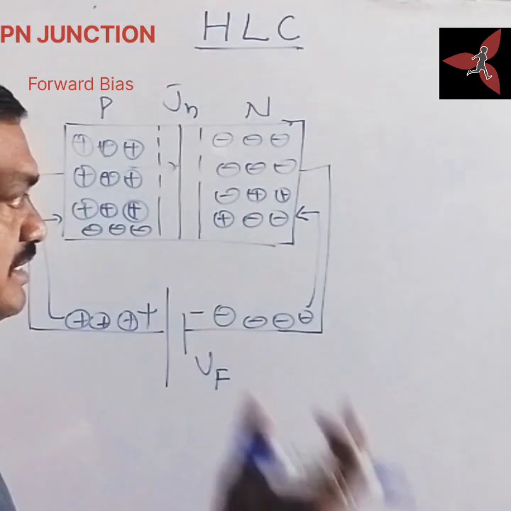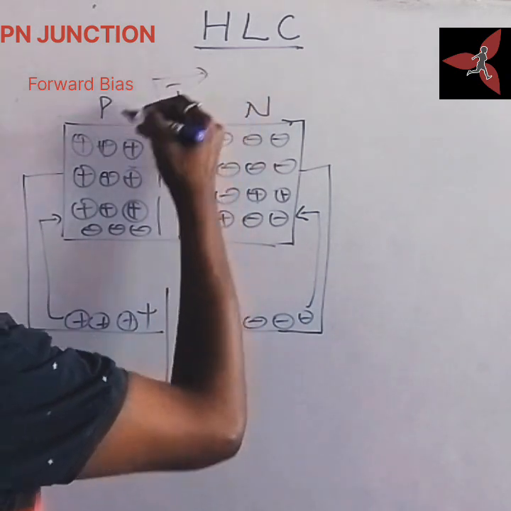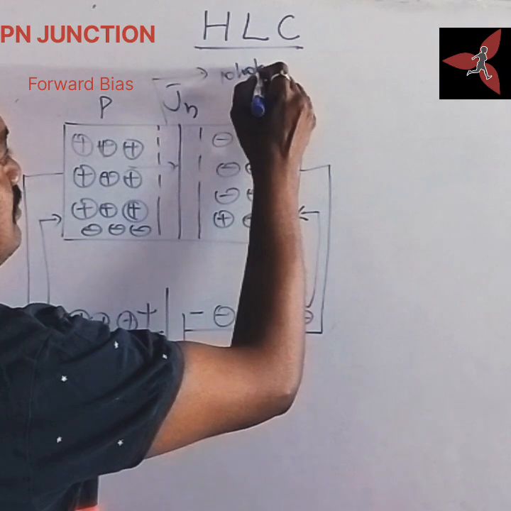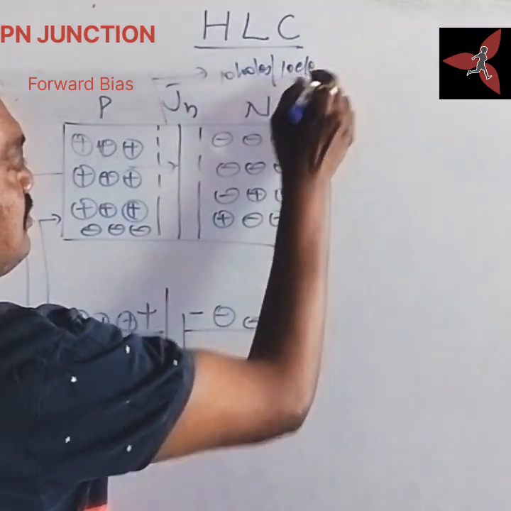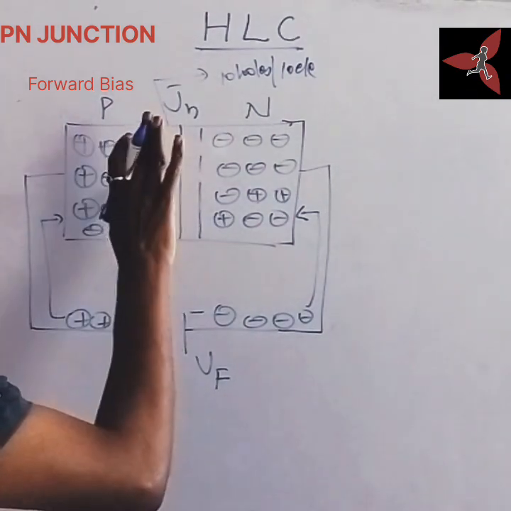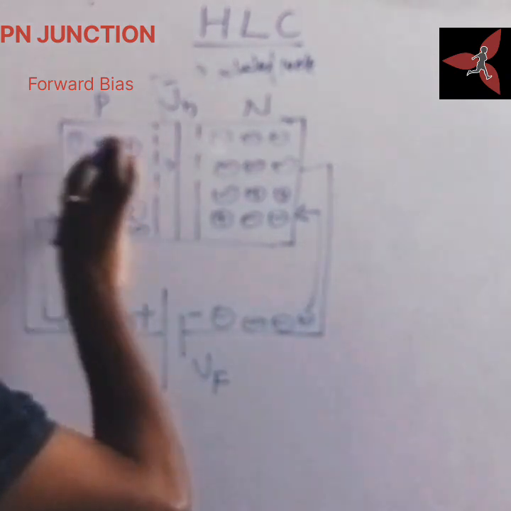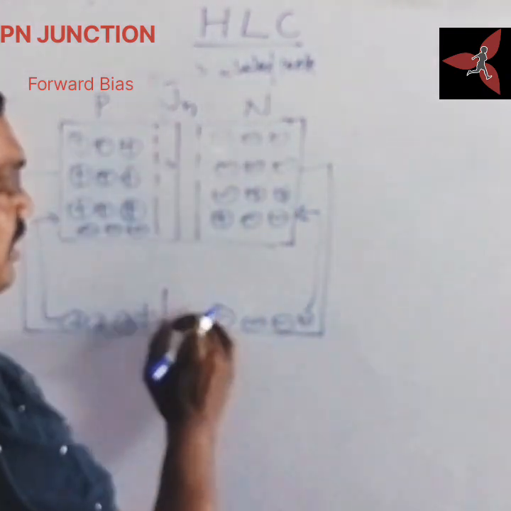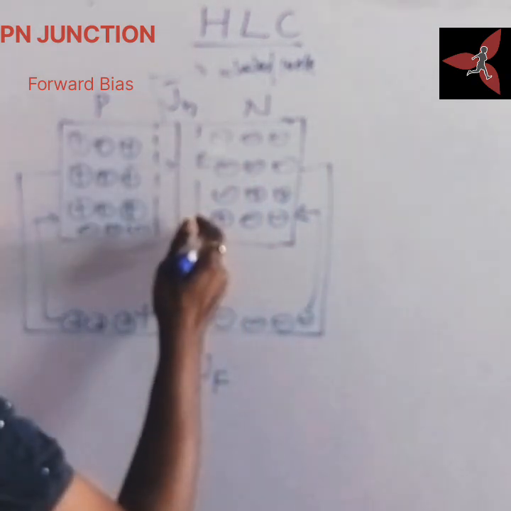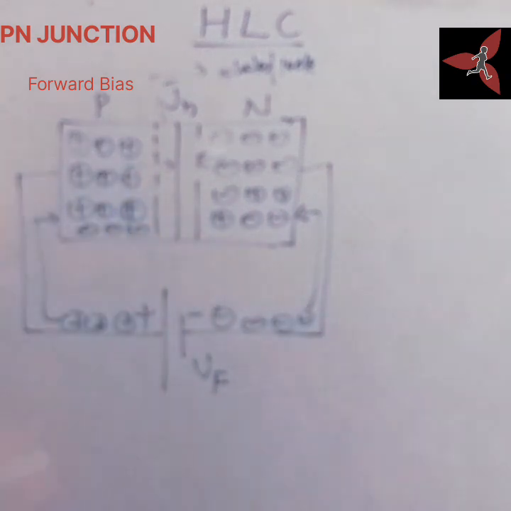Let us take a small example. Suppose the depletion layer can withstand the pressure of 10 holes and 10 electrons. The holes create force on the depletion layer because they are trying to move from P to N, and similarly the 10 electrons create force on the other side, trying to move from N to P.